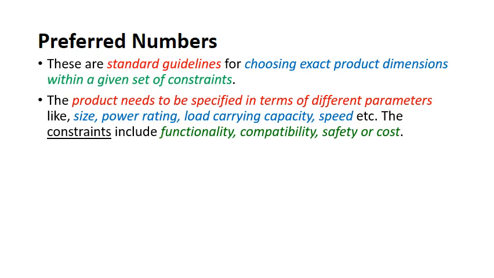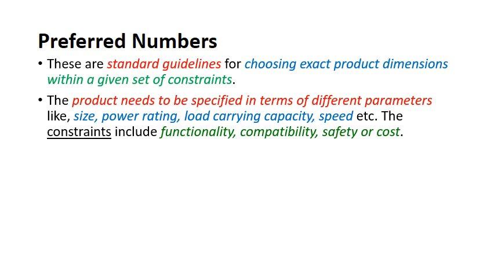Take any testing instrument: the maximum load that you can apply onto the specimen is limited. For example, in a UTM, it goes up to 400 kilonewton. Similarly, 5 kilonewton machines are also available, and 5 newton machines are also available.